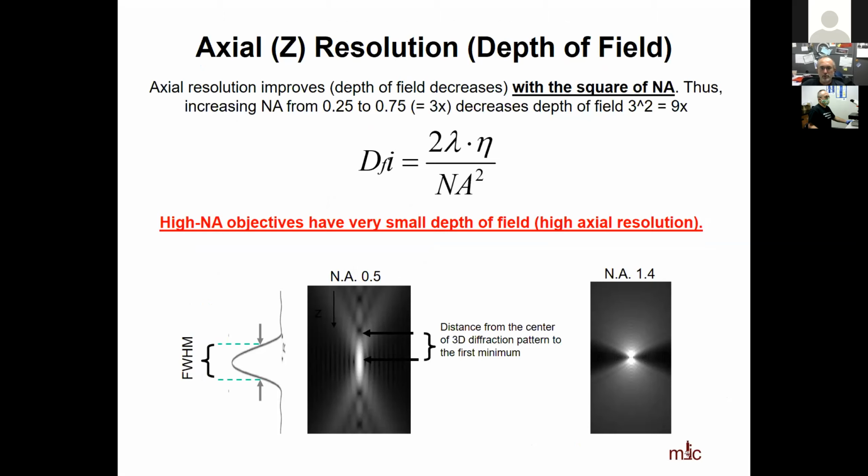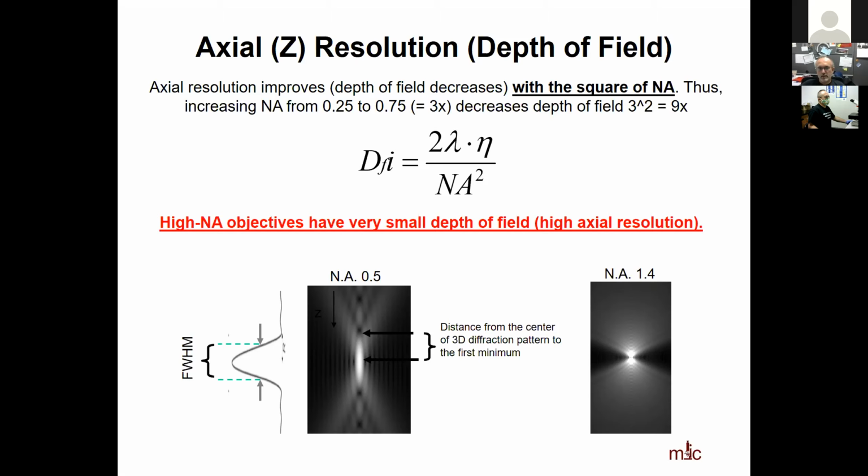We can measure either the distance from the center to the first minimum, or we can plot the intensity, find half of the maximum intensity, and measure how wide the peak is. That's called full width at half maximum, so you can sometimes see it.